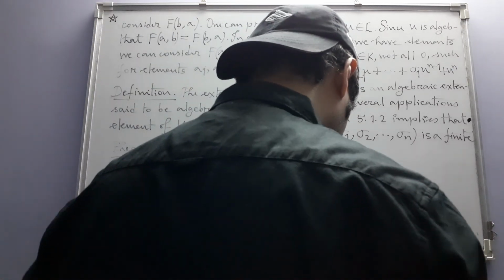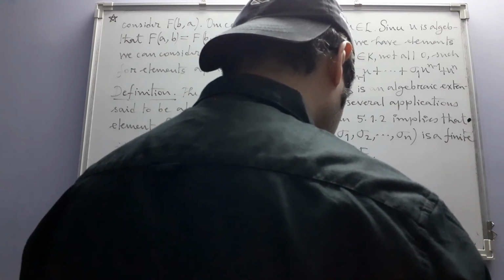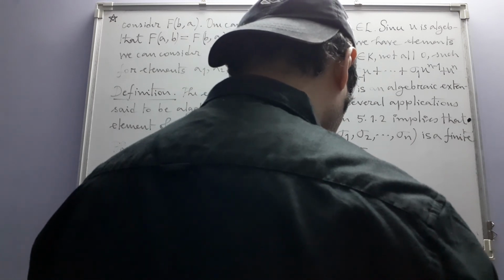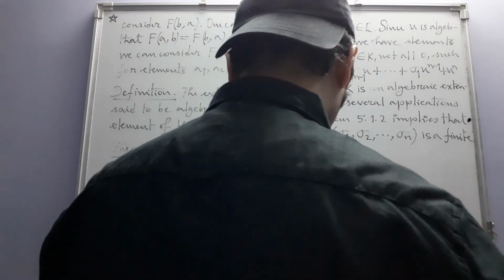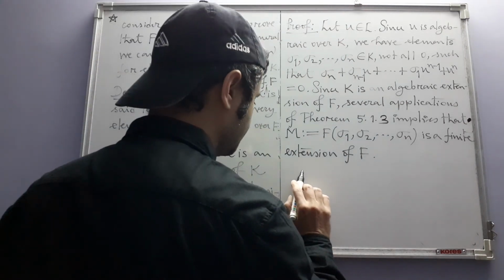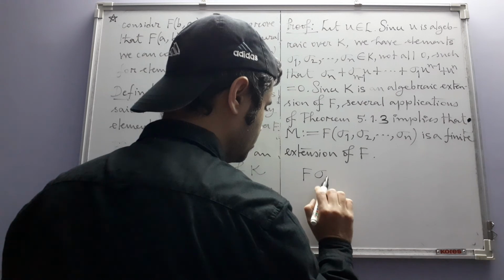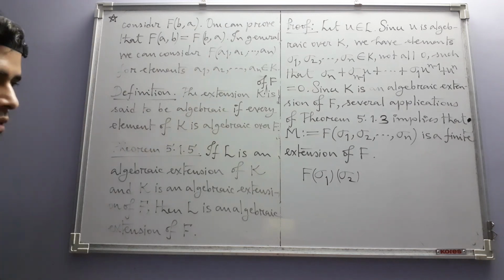Okay, in here what are we getting actually? We are saying that several applications of theorem 5.1.3, not actually 5.1.2 but 5.1.3, implies that M is a finite extension of F. Am I missing something? How are we going to conclude that this is a finite extension of F?